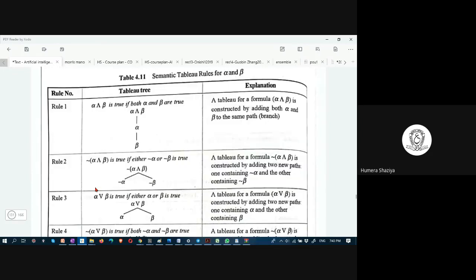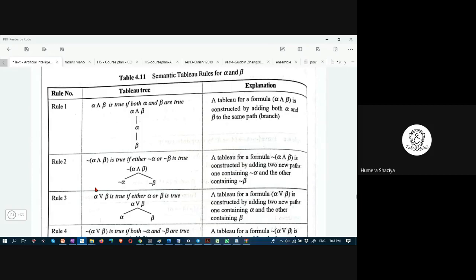What is rule 1? Rule 1 says that alpha and beta is true if both alpha and beta are true. And how do you represent it in the form of a tree? Alpha and beta is the root, its descendant is alpha, whose descendant is beta.